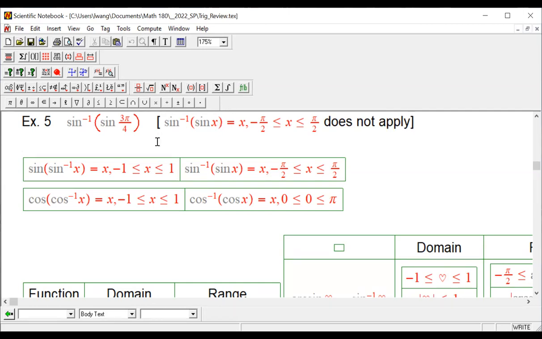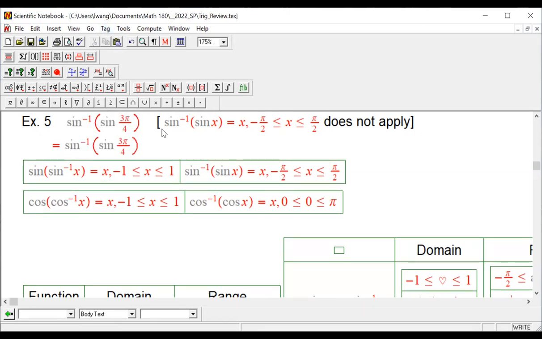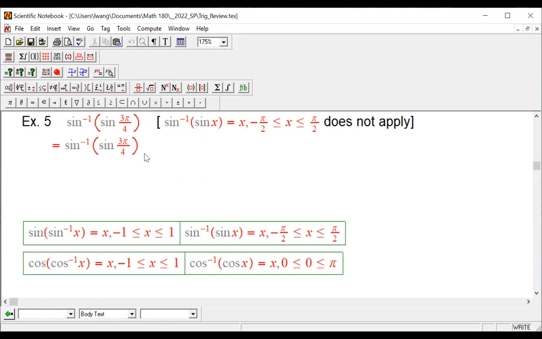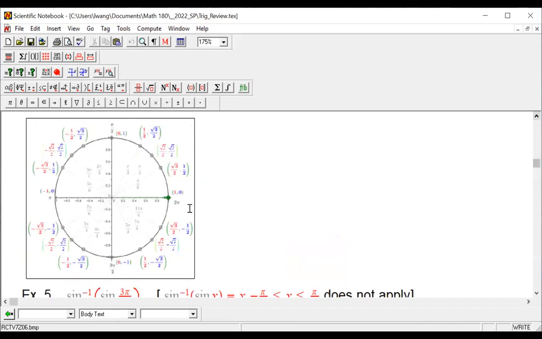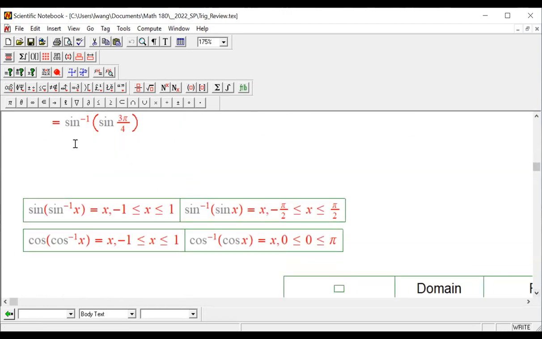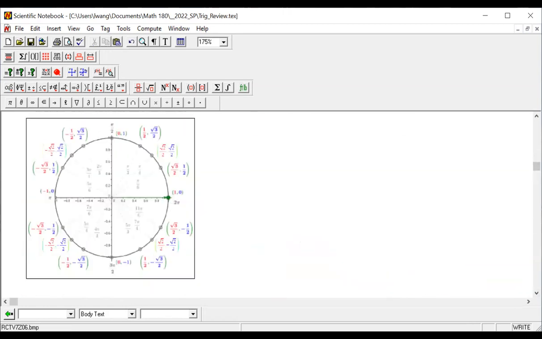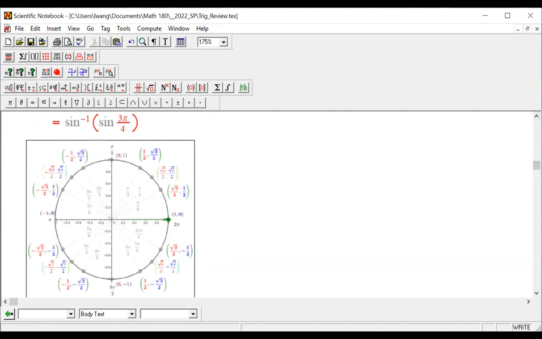So what can we do? Then we just do it from inside out. So the shortcut doesn't apply, right? Then what do we do? We do it from inside out. So we have the unit circle. We're going to measure 3 pi over 4 ARD. How do we measure 3 pi over 4?